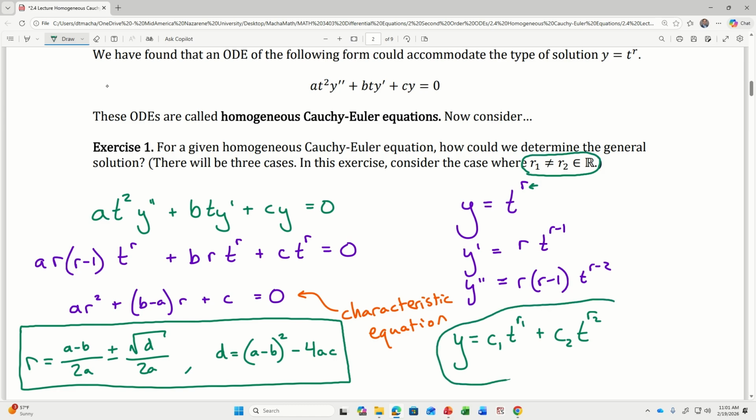We can stop there because everything's a real number. Questions about that? Okay, so it looks really similar to the case with constant coefficients, but there are just these very subtle differences in both the form of the solution and how we find the r's.